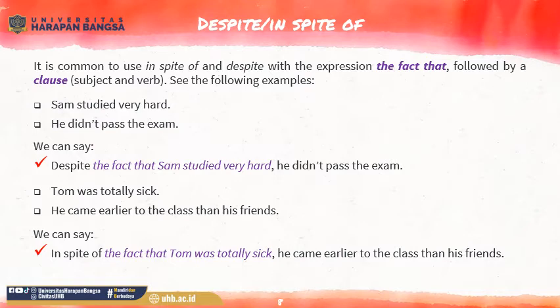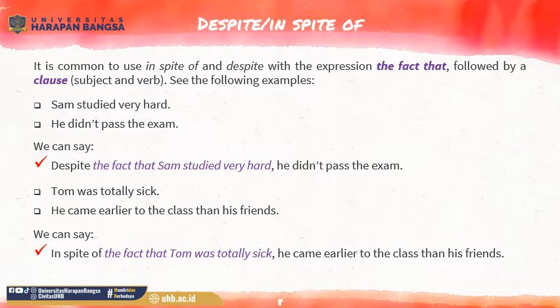One more example, satu contoh lagi. Tom was totally sick. He came earlier to the class than his friends. Tom benar-benar sakit, tapi dia datang lebih awal ke kelas daripada teman-temannya. Jadi dua ide yang berlawanan ya. Kita bisa pakai in spite of atau despite diikuti oleh klausa, tapi harus memakai ekspresi the fact that.